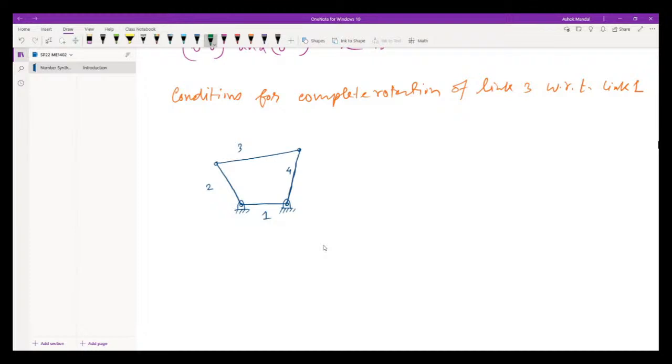All right, now let us draw another configuration here. I draw a parallel line with link 3 and draw another parallel line with link 2.